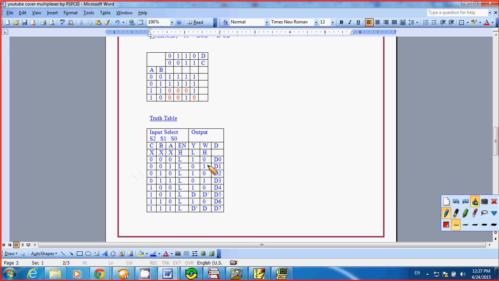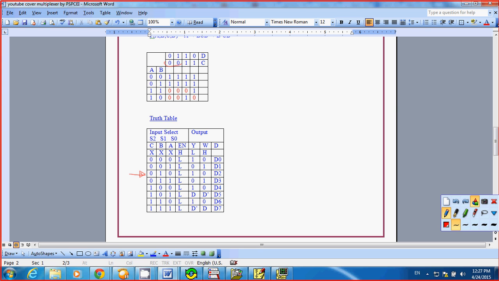And then this one I'll start from D0, D1, D2, D3 until D7. Okay, just start from 0, 1, 2, 3. Now let's take a look at what? 0, 1, 0.